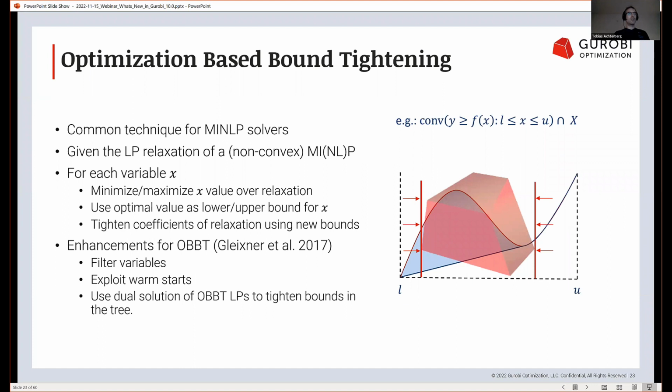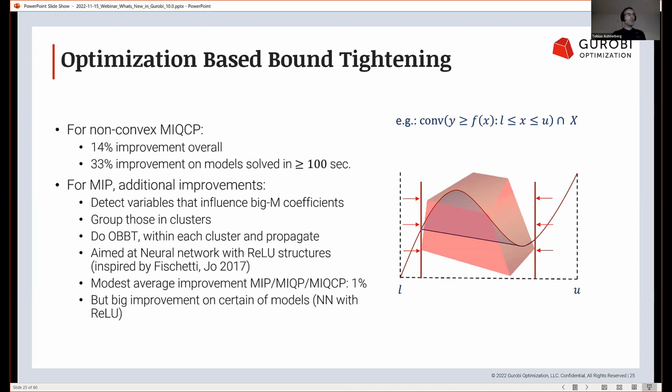Because now when the bounds are shifted like that, the linear relaxation, so the McCormick relaxation of that constraint, is now much tighter, as you can see here in that picture. Okay, and for non-convex MIQCP, this gives us a 14% overall improvement and a 33% improvement on the models that solve in more than 100 seconds.